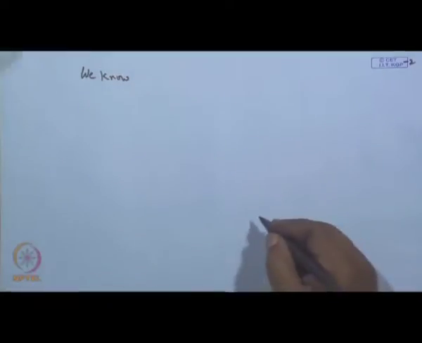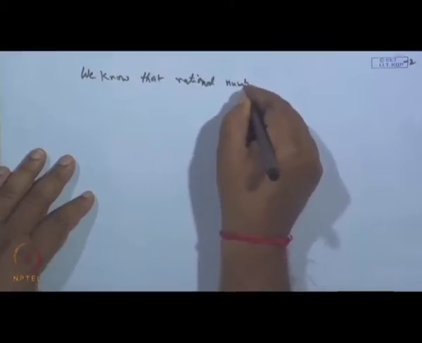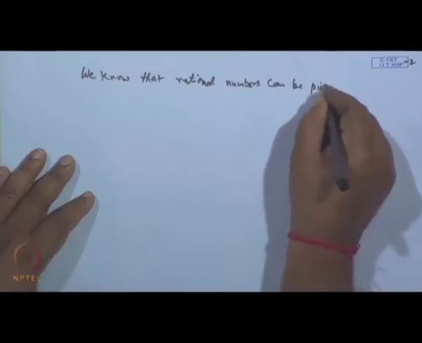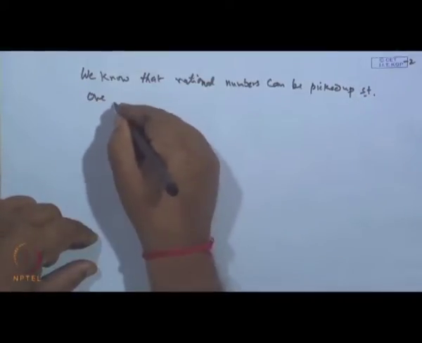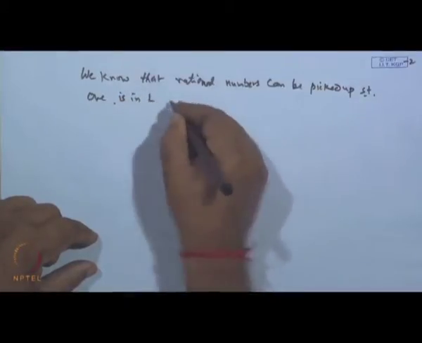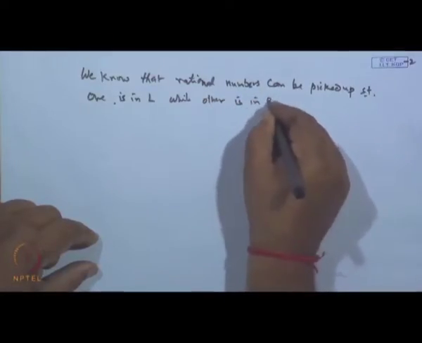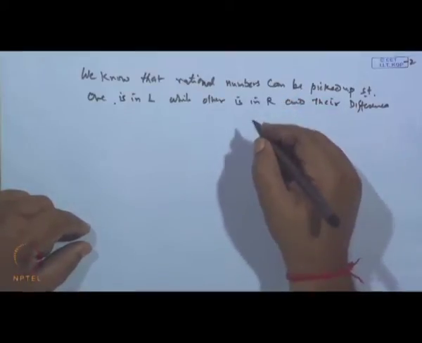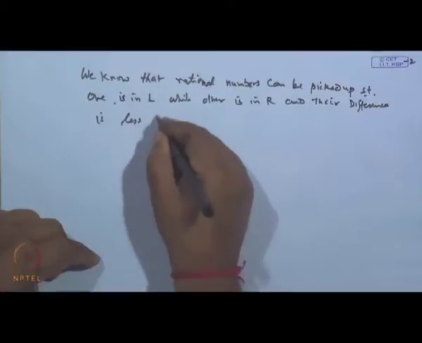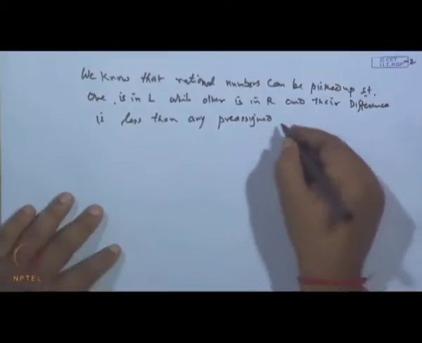So, since L R is a section, we know that two rational numbers can be picked up such that one is in L and the other is in R, and their difference is less than any pre-assigned positive rational number epsilon.